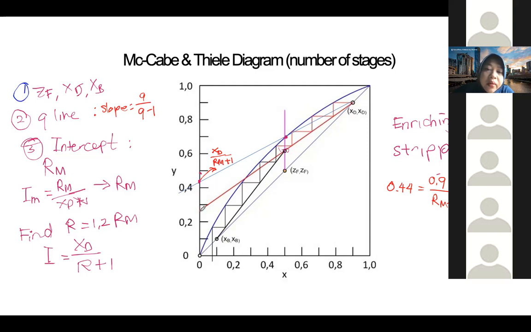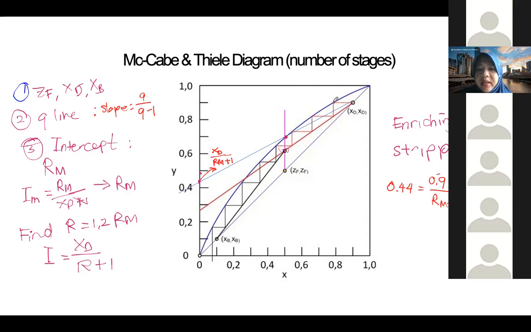You want to find the stages for the enriching section, the top section. How do you calculate it? You start using your ruler from here, because this is the distillate, and then you check the equilibrium.